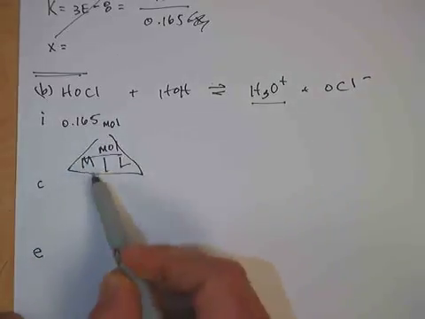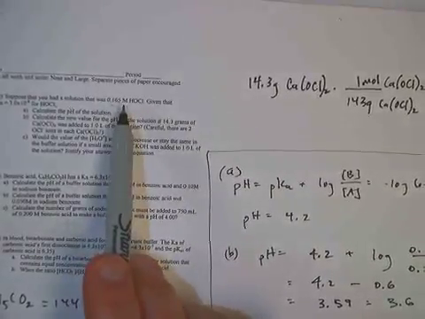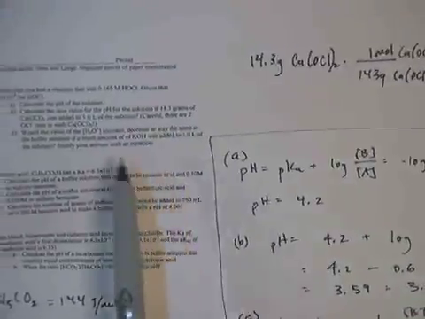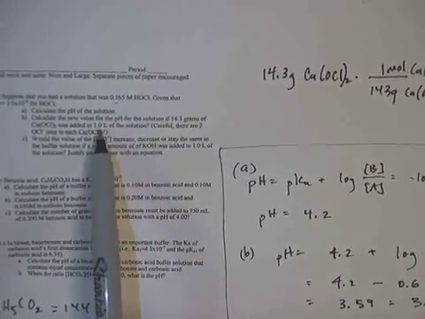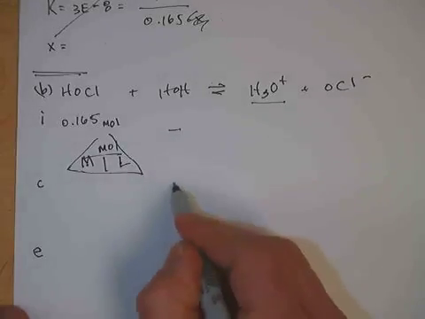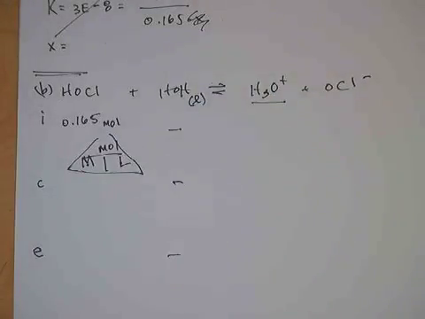Where do I get the number of moles? Remember that molarity is equal to moles divided by liters, and I'm told that the molarity in the problem is 0.165 molar. So I take 0.165 times 1 because I'm told that there is 1 liter of the solution right here in the problem. And that gives me a number of moles.